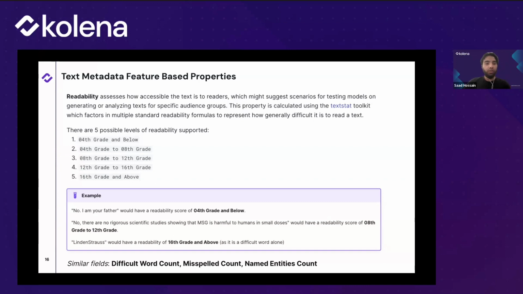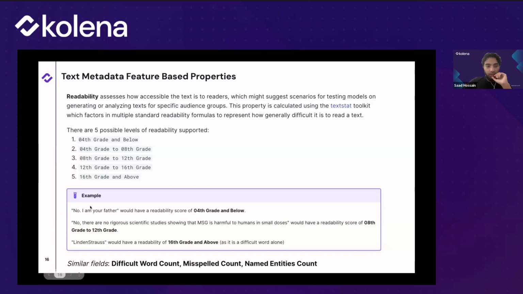Over here, this specific readability metric is standardized by grade levels, right? So you have fourth grade and below, fourth grade to eighth grade, essentially emulating the school system and matching that to how a text might be perceived.